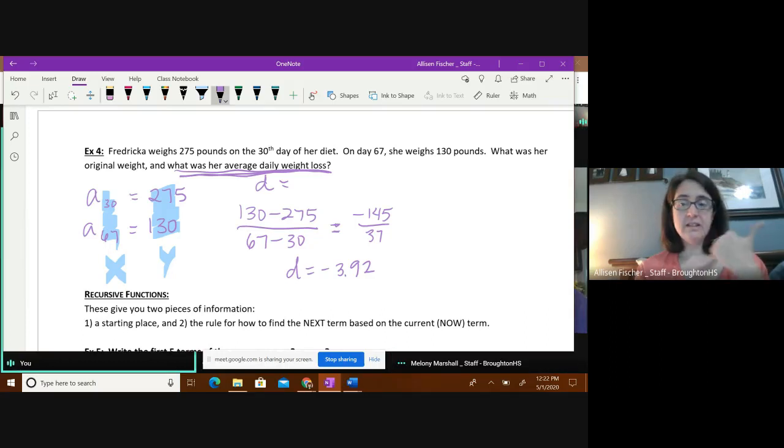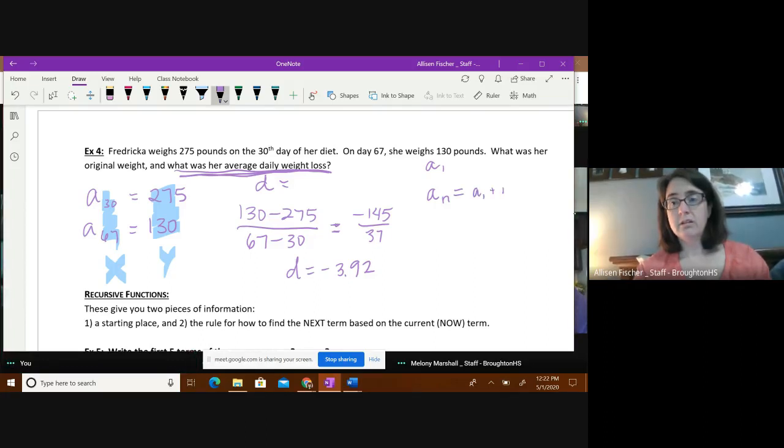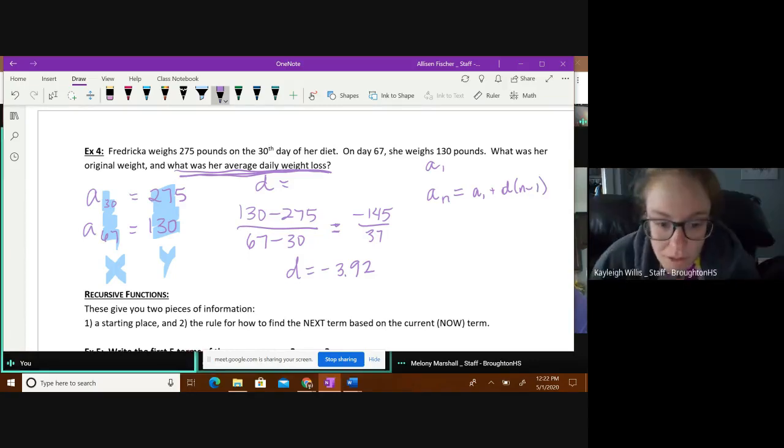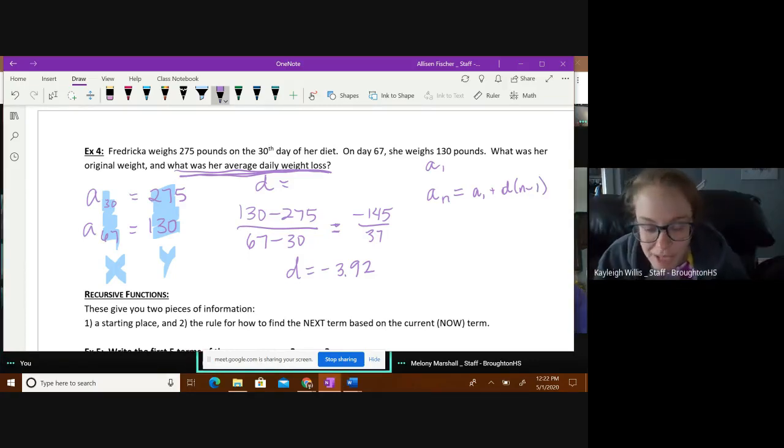All right, so now it's asking us what was her original weight. So we're trying to figure out what the first term in the sequence is. We have our formula, and I think we know everything except a sub 1 in that formula.